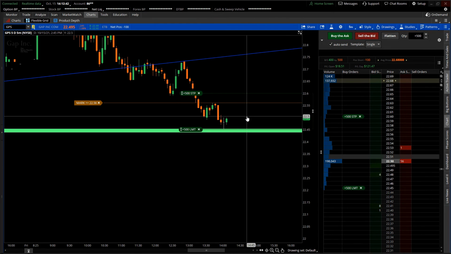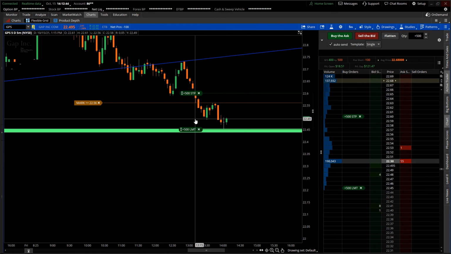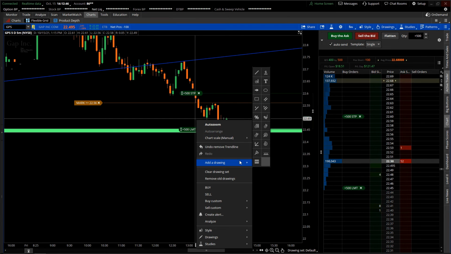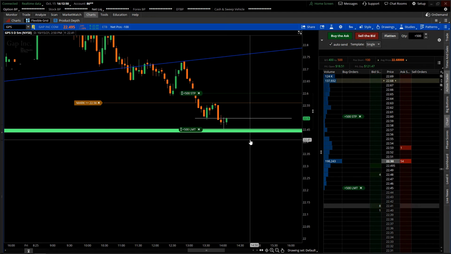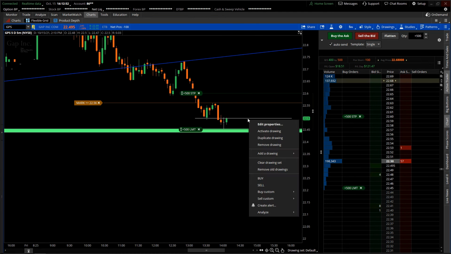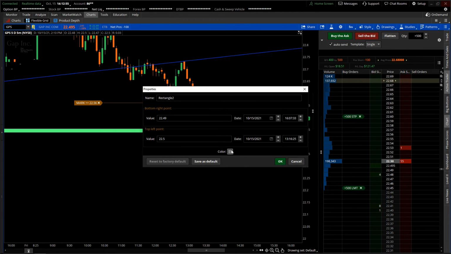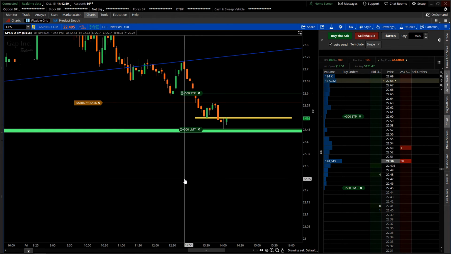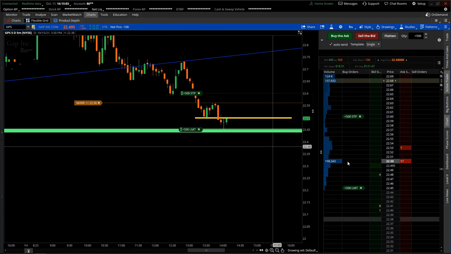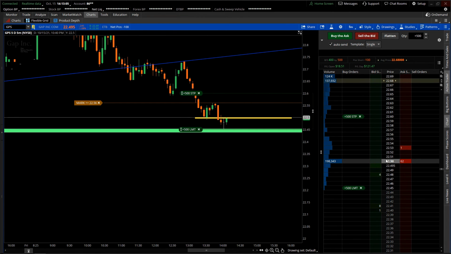If it gets above this, then I'm just going to close it out. This candlestick here. So that's 22.50.